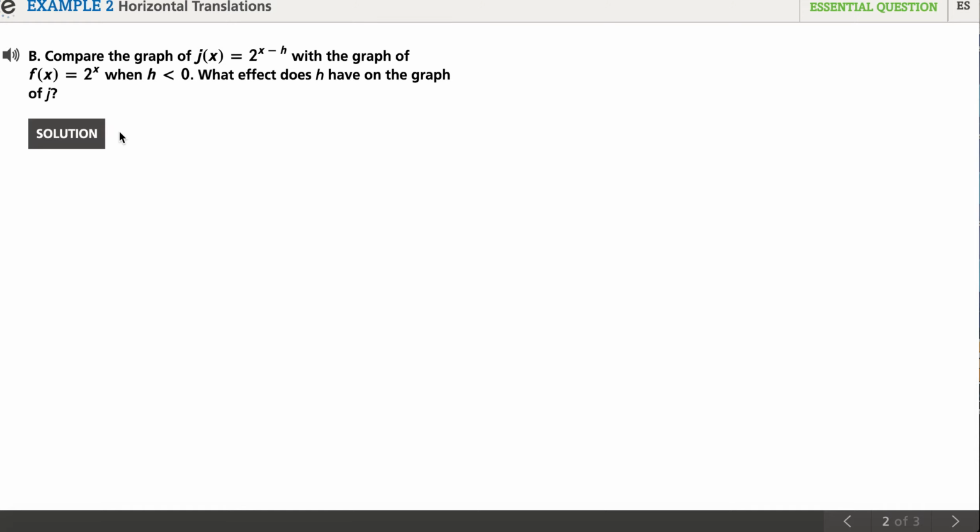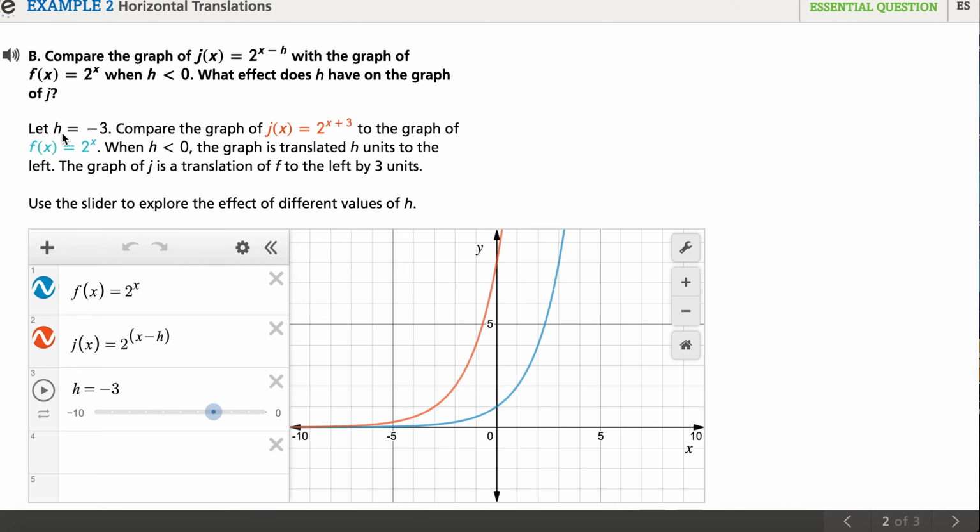Okay, let's see the solution. What effect does h have on the graph? Let's see what's happening to the graph now when h is negative. Let h equal -3, and compare the graph of j of x equals 2 to the power of x plus 3 to the graph of f of x equals 2 to the power of x.